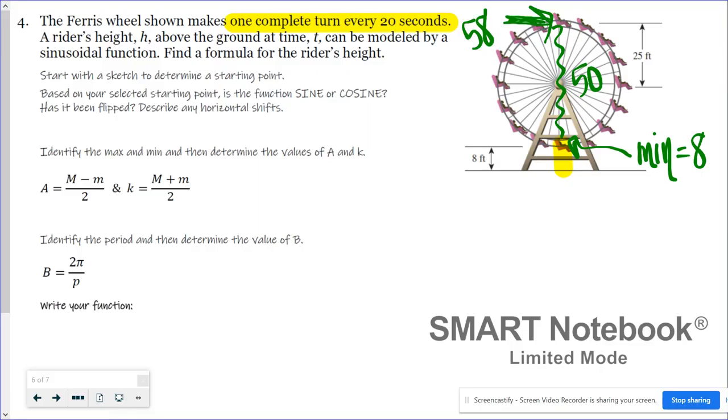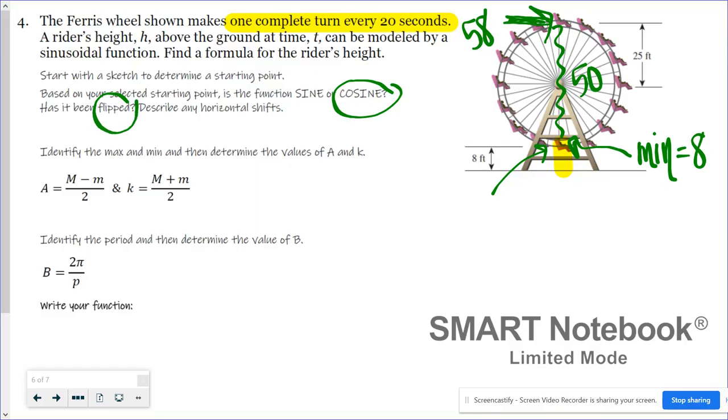When it comes to sine versus cosine, if you are getting on the Ferris wheel right here at the bottom, what function is this? It would be cosine because you're getting on at the bottom, the minimum. And since it's the minimum, that means it has been flipped.